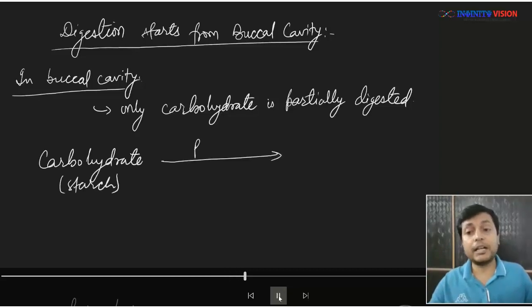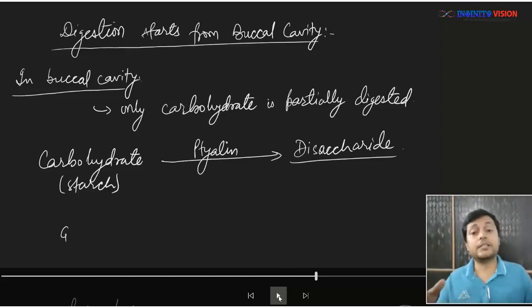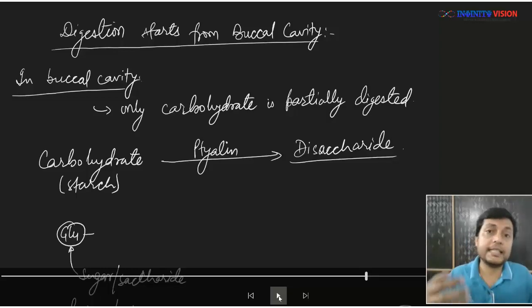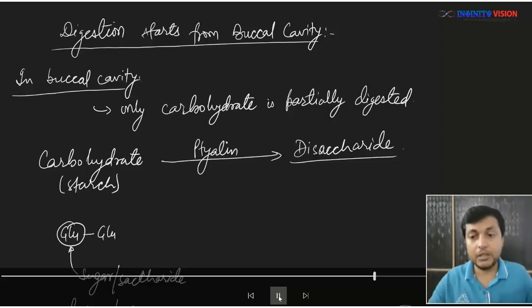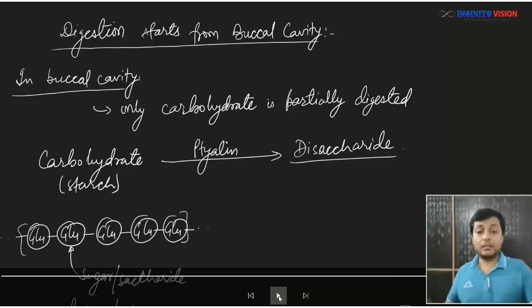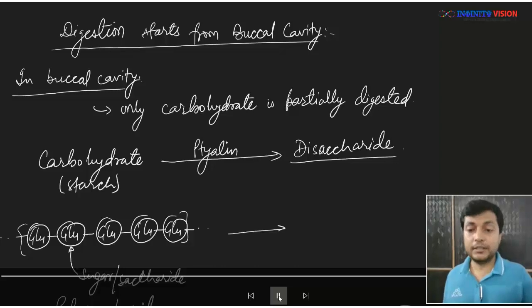Now this carbohydrate, which is mostly starch, is acted upon by ptyalin or salivary amylase, and it is converted into disaccharides. Now the question arises, what is a disaccharide? Let's see. Glucose is a sugar, or we also call it a saccharide. If there is a polymer of glucose, so there are many glucose units in one molecule, as you find in starch, it is called a polysaccharide.